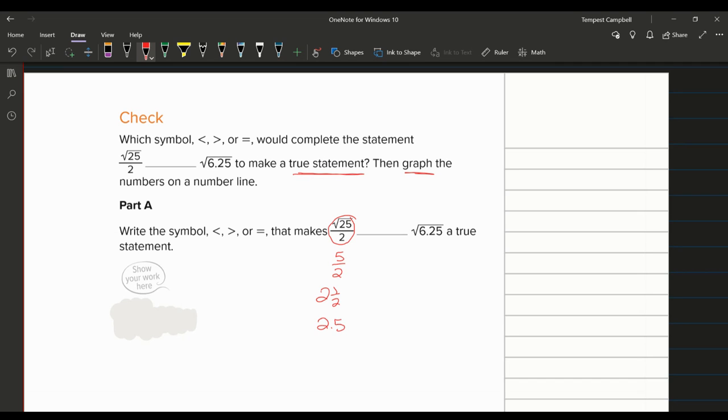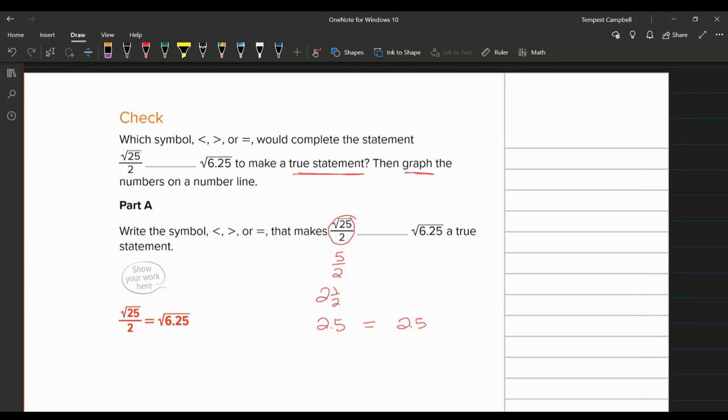Now let's do the square root of 6.25. So I actually have to put this into my calculator. So I'm going to pull up my calculator and I'm going to do the square root. So let's see, square root of 6.25, and I'm going to get 2.5. Those look like they're equal to each other.